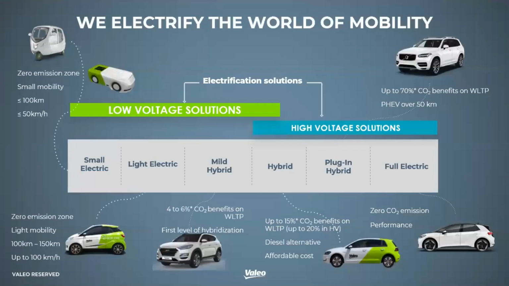So we are working on electrifying, starting from small mobilities up to full electric family cars, passing through small electric vehicles, light, and different solutions of hybrid vehicles. We are using technologies in low voltage as well as in high voltage.